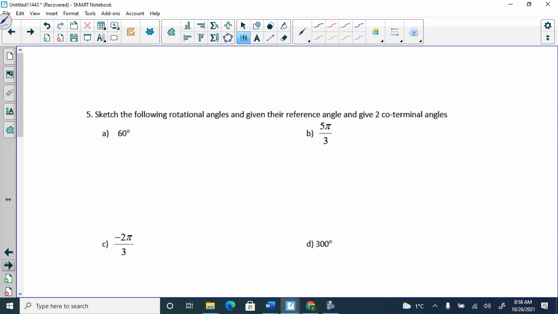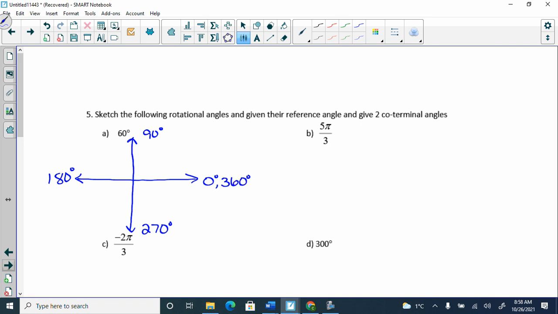So let's sketch these. I want the reference angle and then 2 coterminals. So we do 60. Okay. How do I sketch it? Well, I label 0, 90, 180, 270, 360.